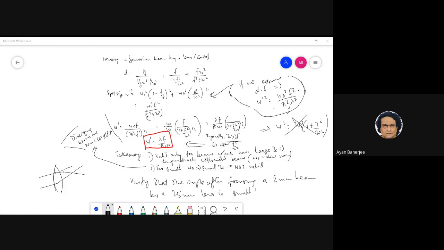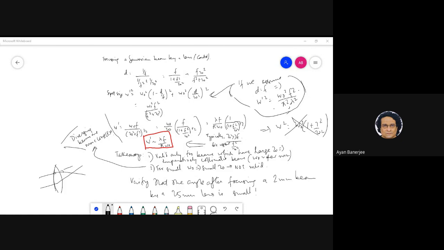See, the way we have constructed the theory of the Gaussian beam, we are essentially saying that there is some region in the transverse extent where the radius of curvature is very large, close to infinity. That basically means it is completely a plane wave, because the spherical wavefront part I have thrown away.